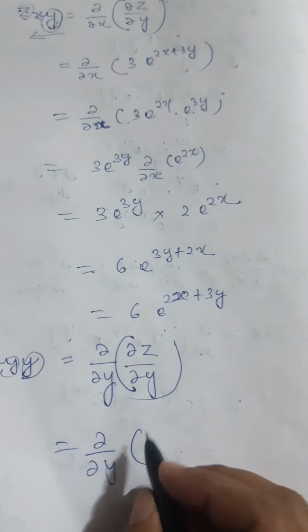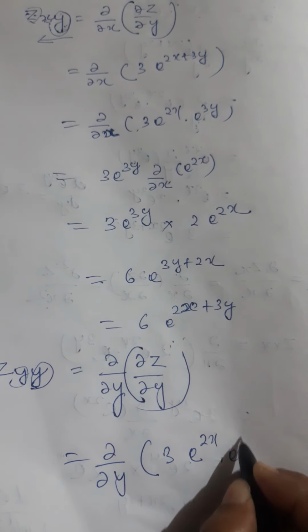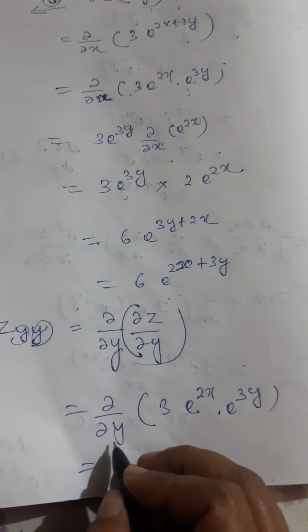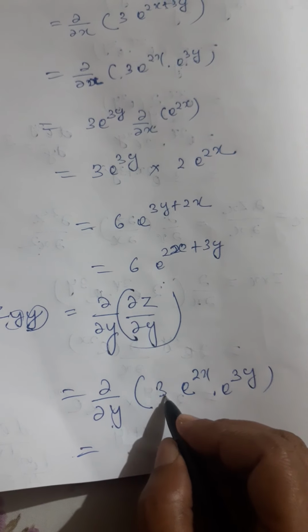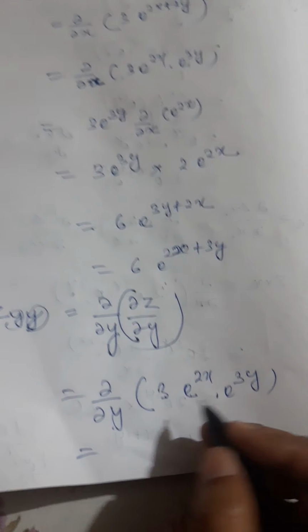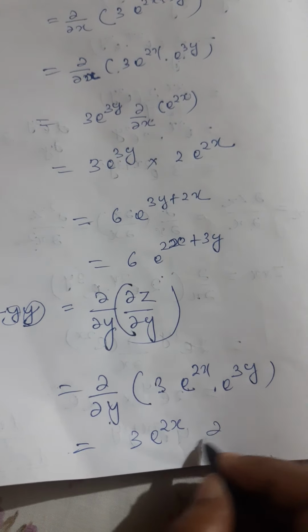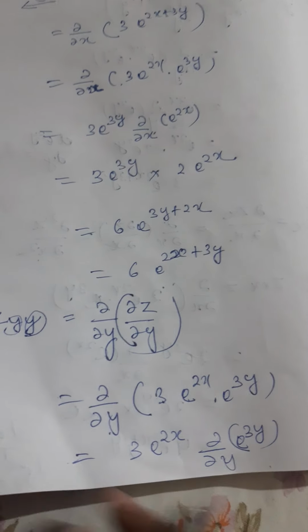The del z by del y is nothing but your 3 into e to the power 2x into e to the power 3y. Here with respect to y means we should take 3 and e to the power 2x as constant. So we can take this term out of the derivative. So we have to find out only the derivative of e to the power 3y here.